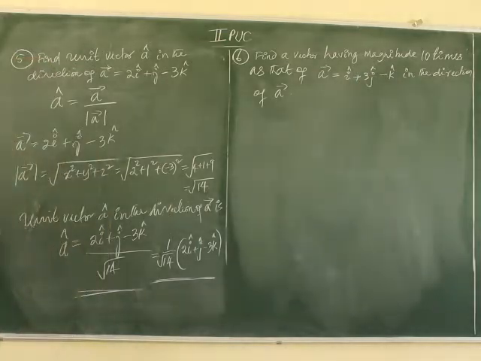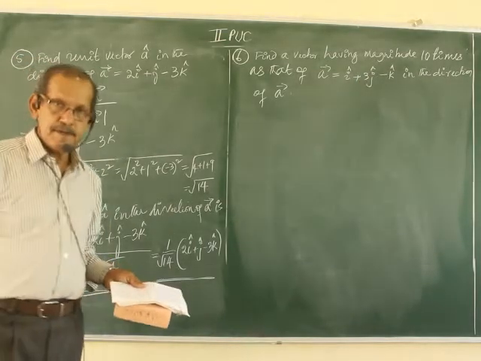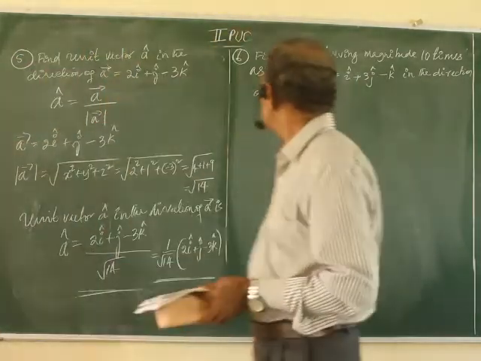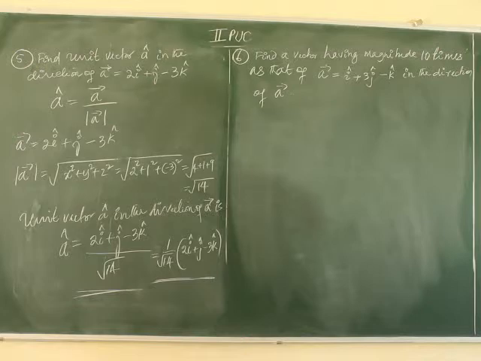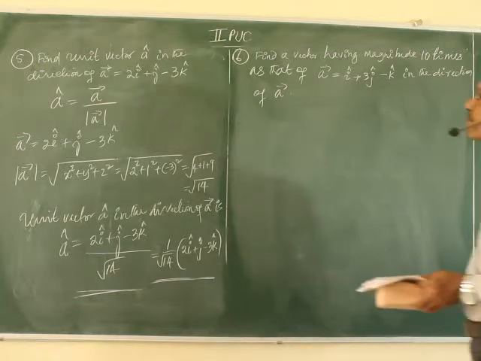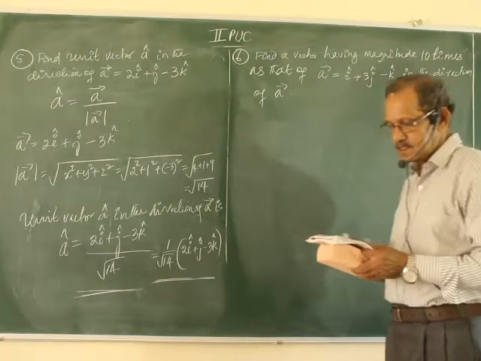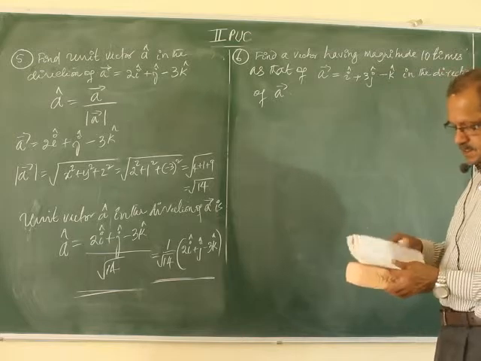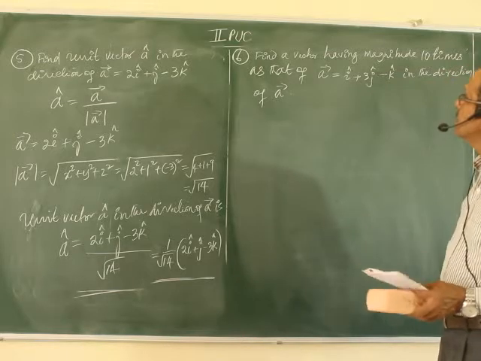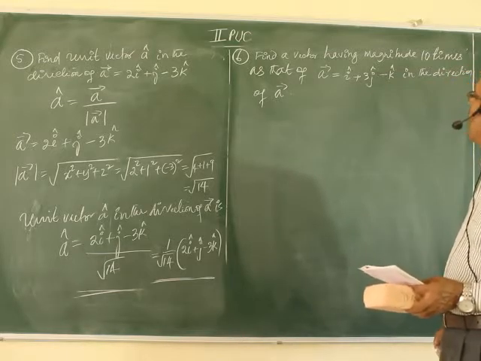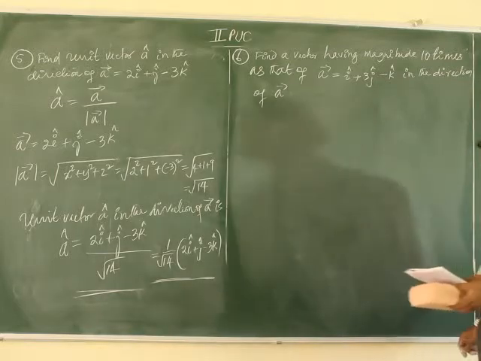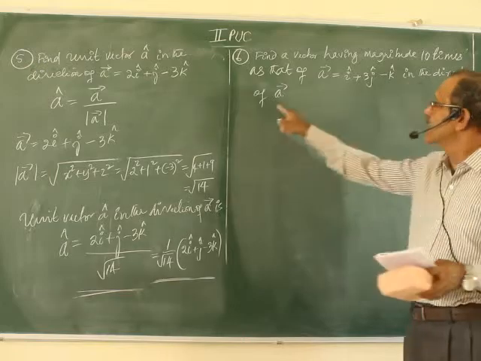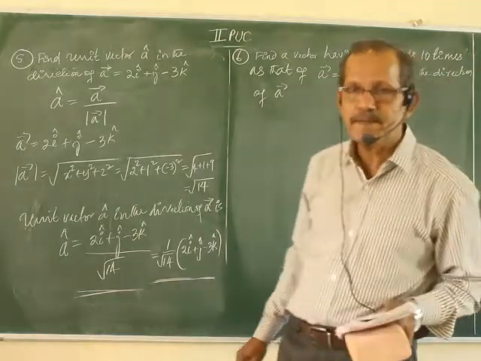First, make the idea in this problem clear first. Find a vector having magnitude 10 times as that of vector A in the direction of A. How to find?